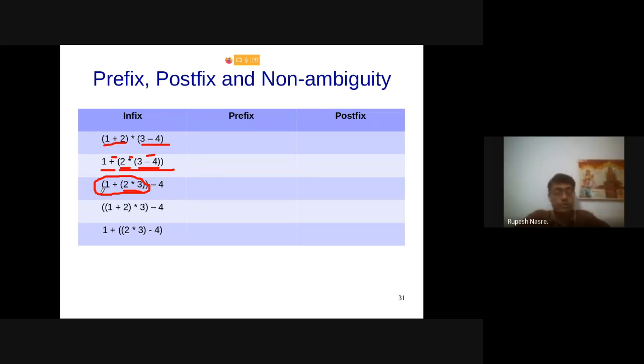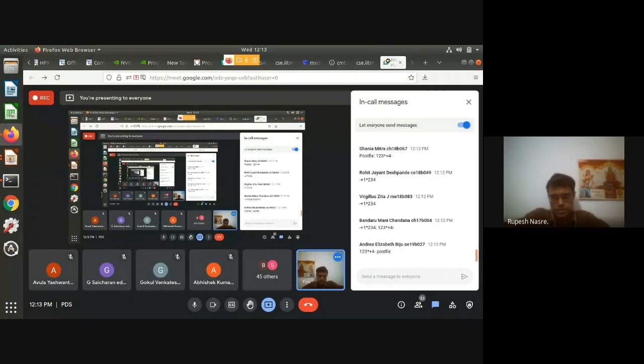Sorry, we are talking about prefix, right? So plus 1 star 2 3, and then after that I am going to do minus with 4. So this was the first argument, so minus will appear on the left hand side of all of this that we did. So minus plus 1 star 2 3 followed by 4.